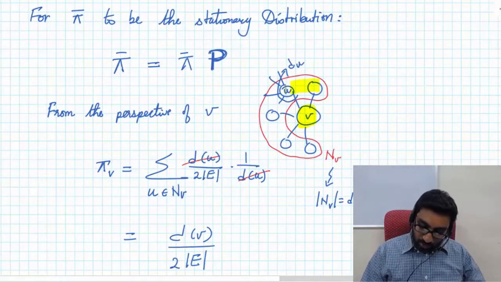Its neighboring vertices are denoted by N(v).